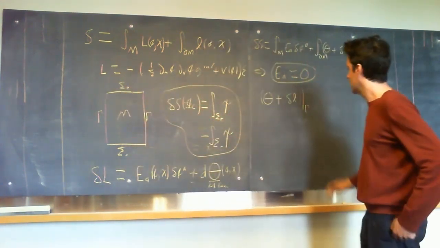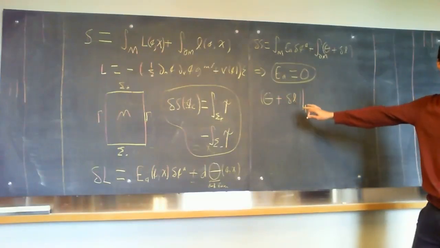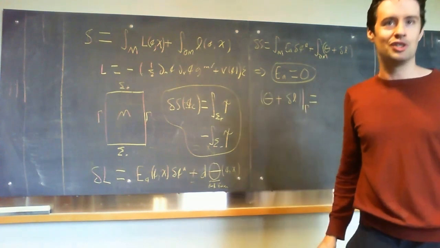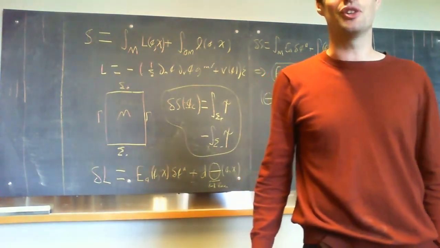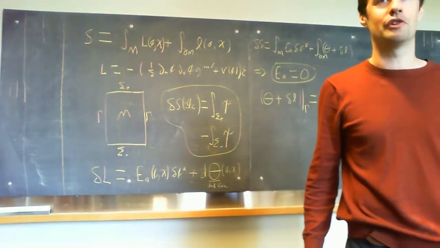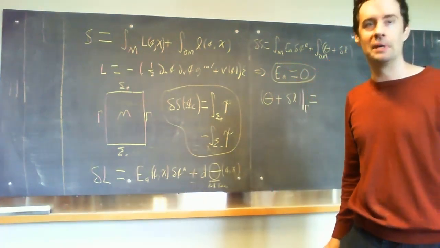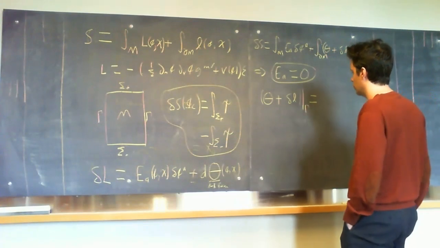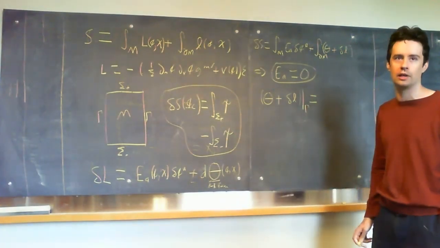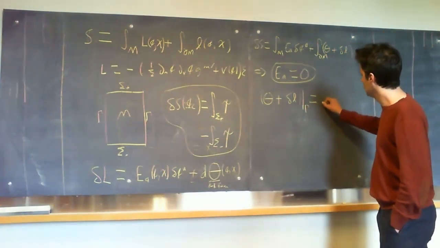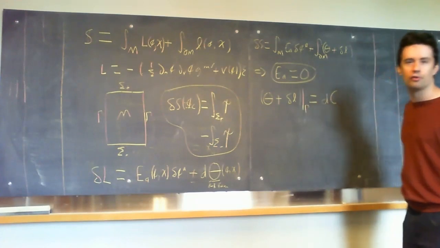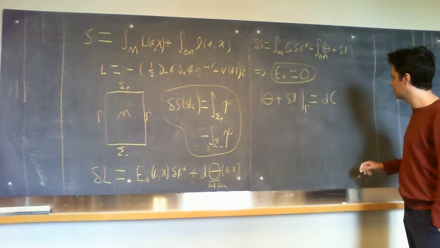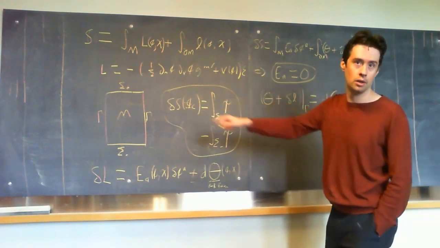But at the spatial boundary, this needs to be constrained. Your first guess may be that it should be 0. That would certainly work, and sometimes it is. But something more general that would also work, and which does happen, is that this is equal to d of a 2-form C on the spatial boundary.